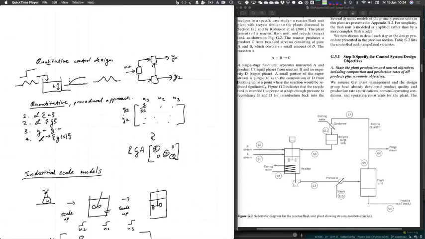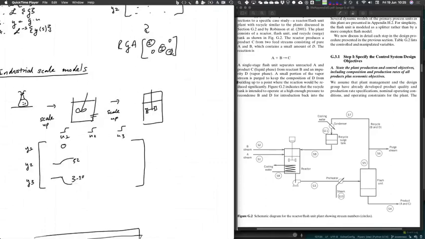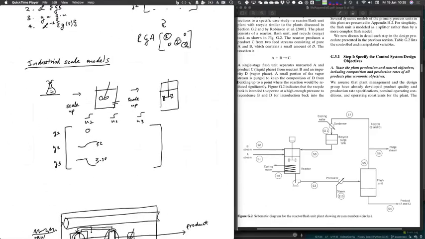And trust me, I've been working on industrial projects for longer than most of you have been alive. And these things do not go away. This is a problem that we still have, that large scale, dynamic industrial scale models do not exist for most plants that you're going to work on.